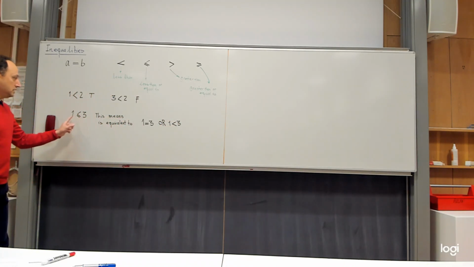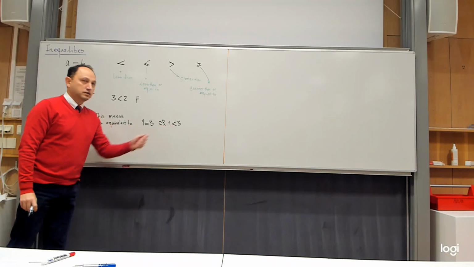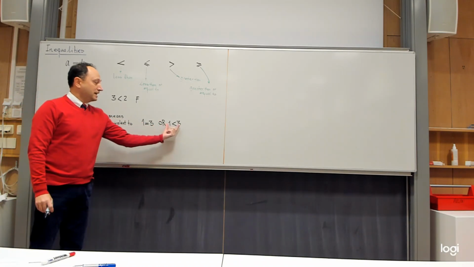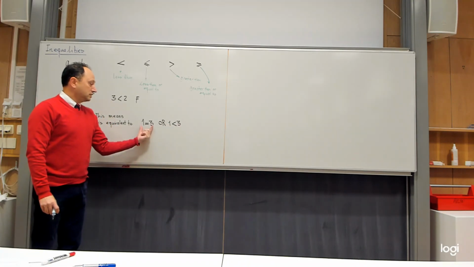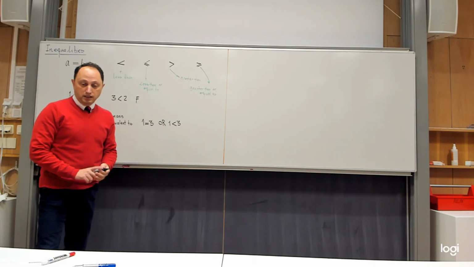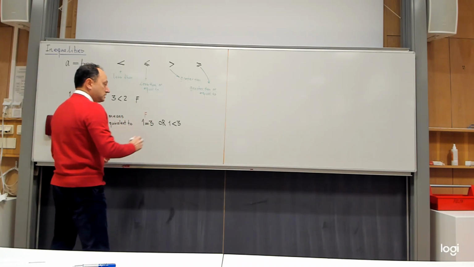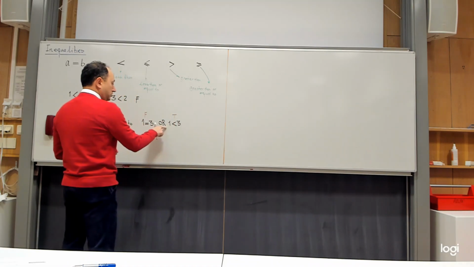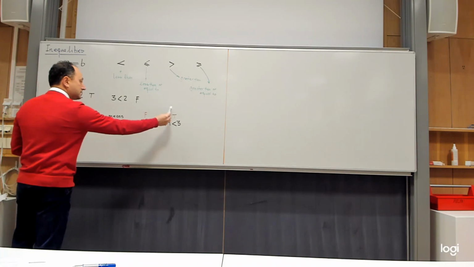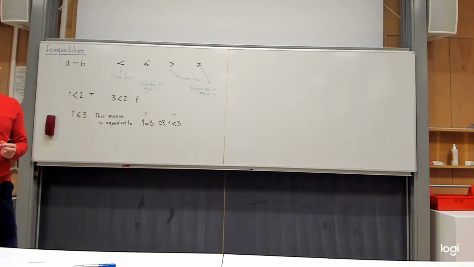This symbol is a compact form of writing this whole expression. And of course, this expression is composed of two statements. One statement is telling you that 1 is equal to 3. One statement is telling you that 1 is less than 3. Of course, the first statement is clearly false, but the second is true. But you are using or.